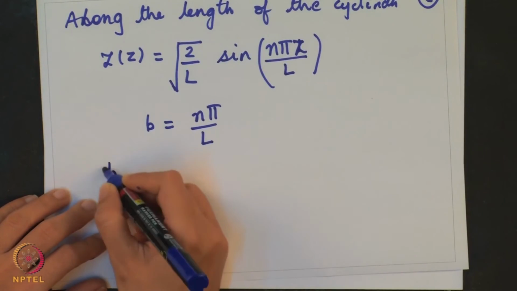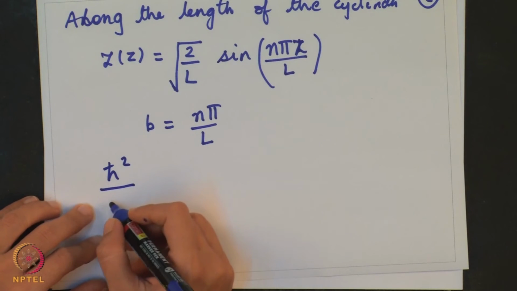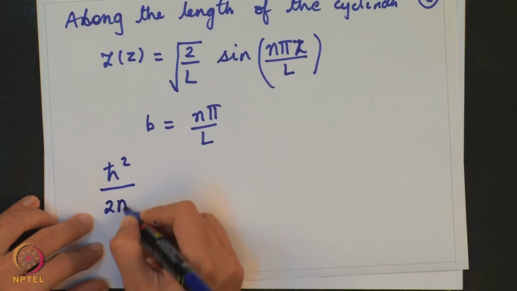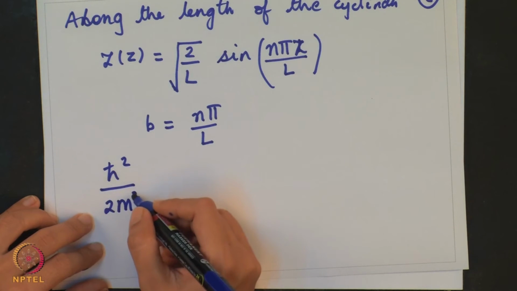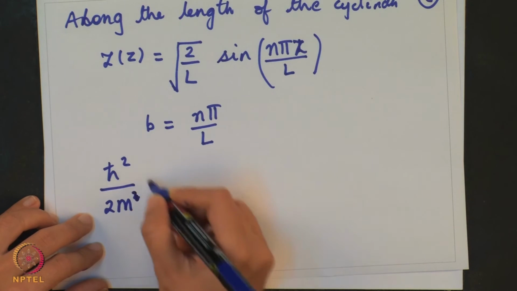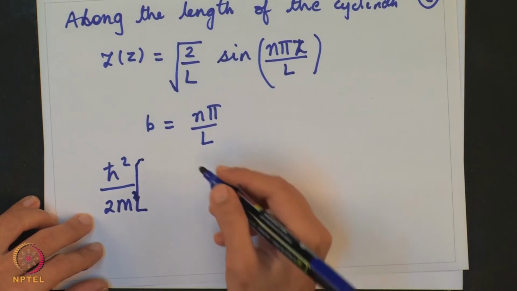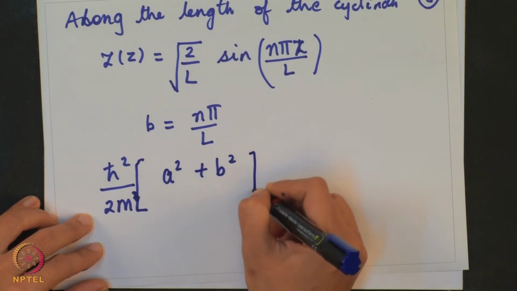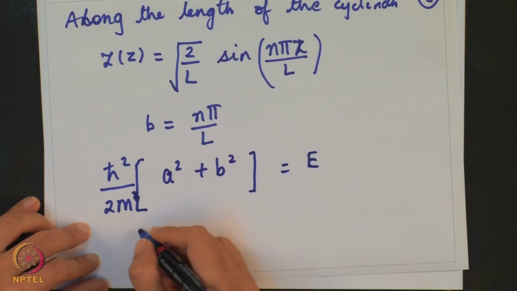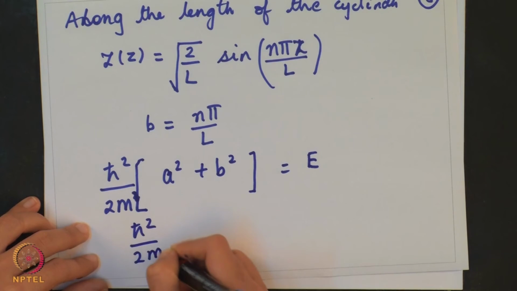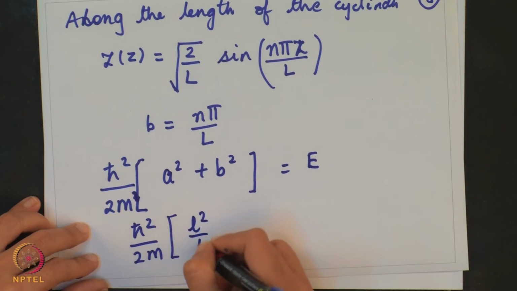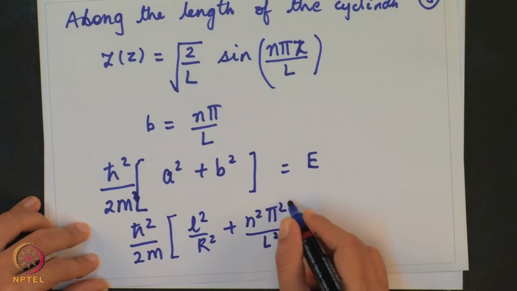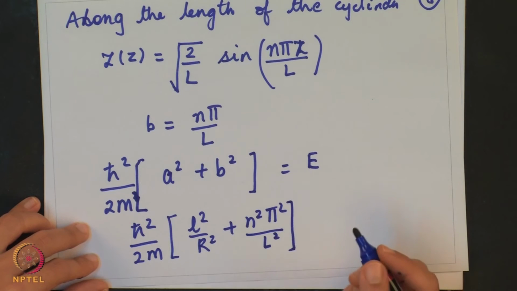So, now this final expression for the energy eigenvalue is ħ² upon 2m times A² plus B², which we saw will be nothing but ħ² upon 2m times (L²/R² plus n²π²/L²).